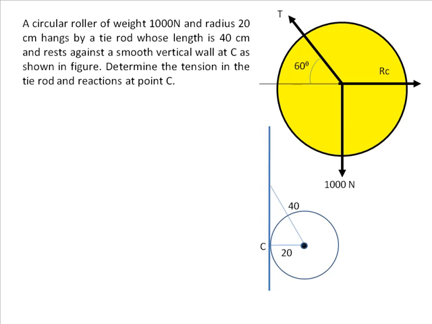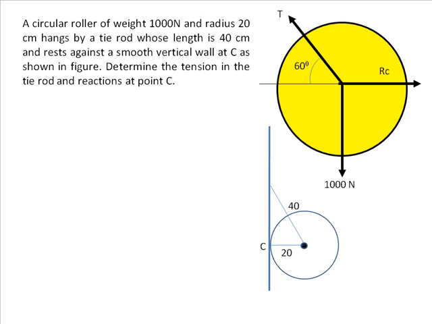Now when it comes to RC, how do I know it is horizontal? Because the wall is vertical, the contact is tangential, and it's a normal reaction from the wall, perpendicular to the wall, therefore it is horizontal. How do I know that RC is towards the right and not towards the left? The reason is the reaction is given out by C on the body, so it is towards the right.